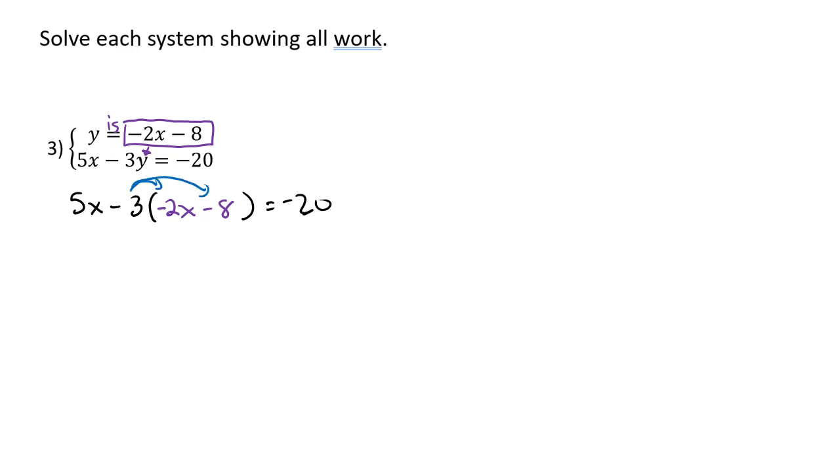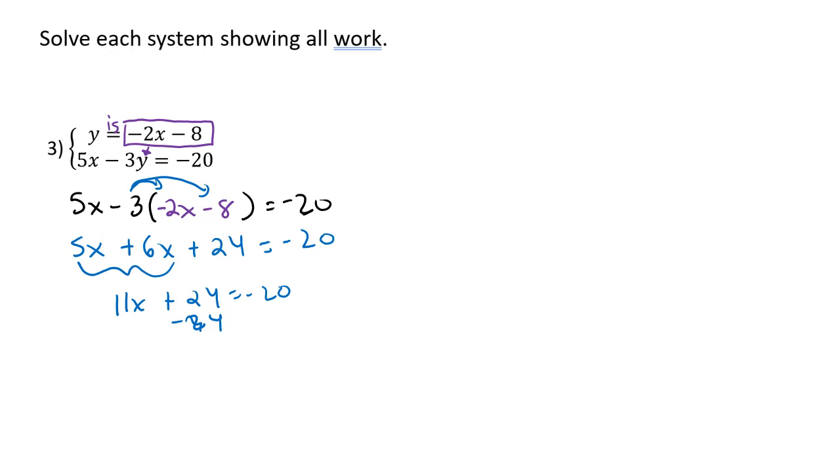All right, and now I'm going to go ahead and just kind of solve it out. Distribute the negative 3. I have positive 6x, positive 24. All right, combining like terms to make 11x plus 24 equals negative 20. Minusing the 24 over.